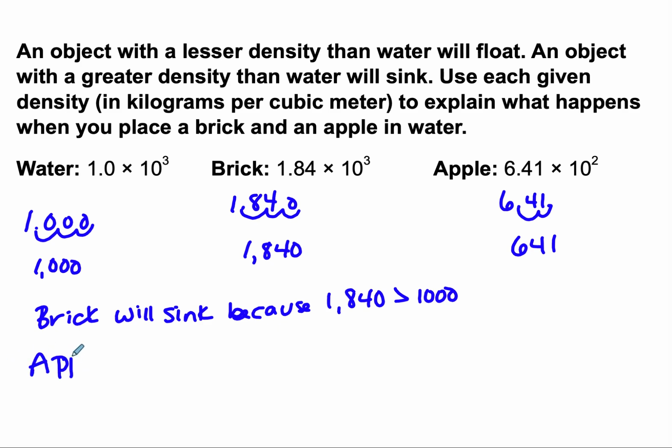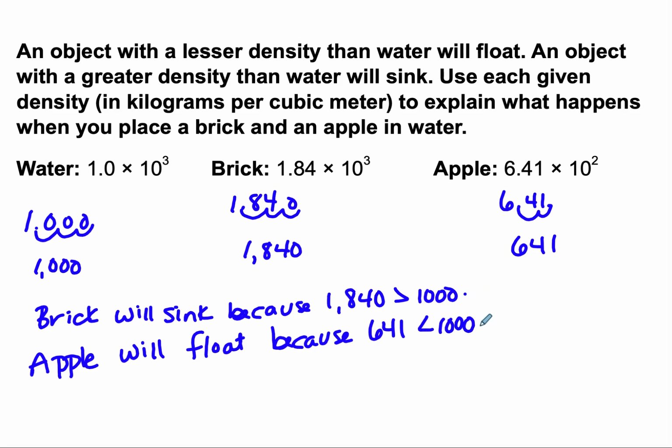And then the apple will float because 641 is less than 1,000.